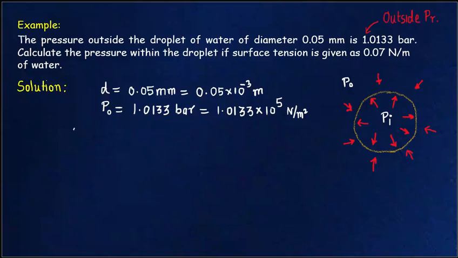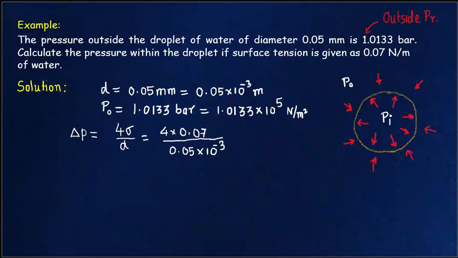So delta P, that is the difference of pressure between inside and outside the droplet, is 4 times surface tension over diameter. They have also given us the surface tension of water, and that value is 0.07 newtons per meter. So it is going to be 4 times 0.07 divided by the diameter of the droplet, given as 0.05 into 10 raised to minus 3.